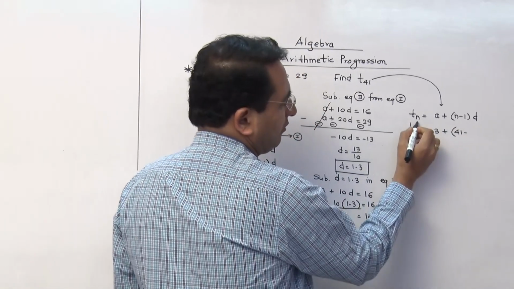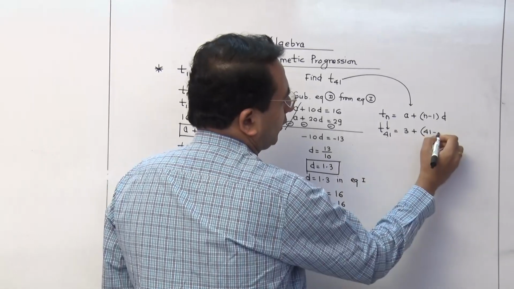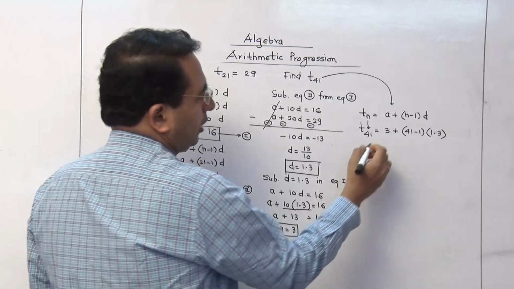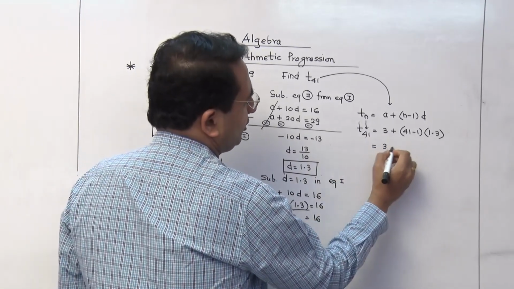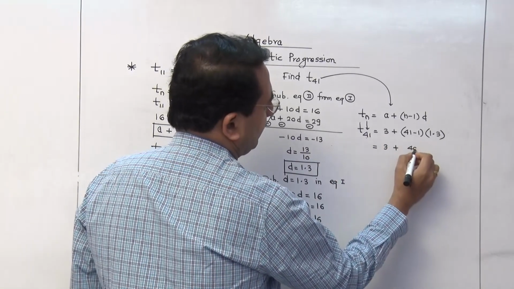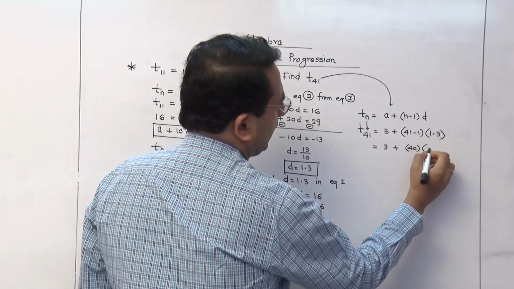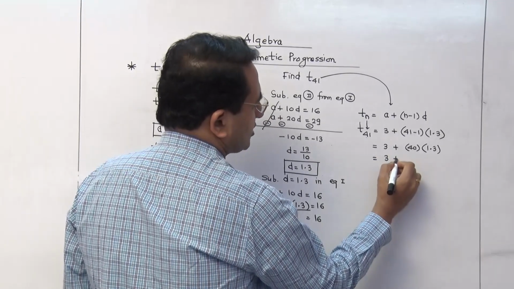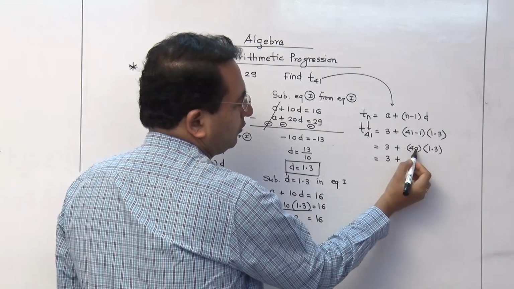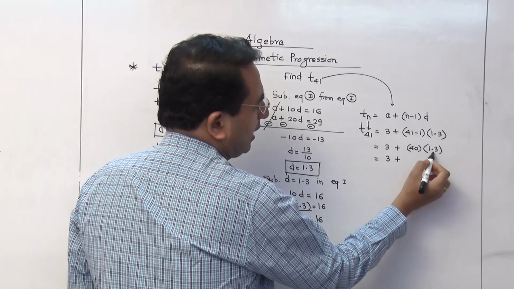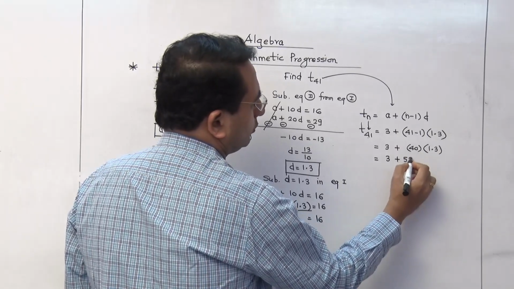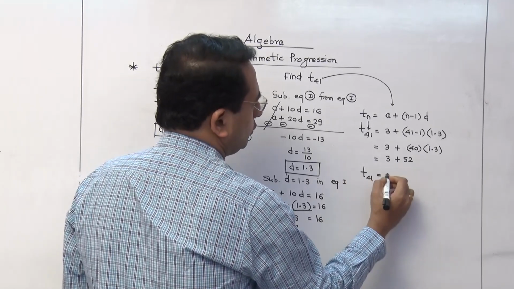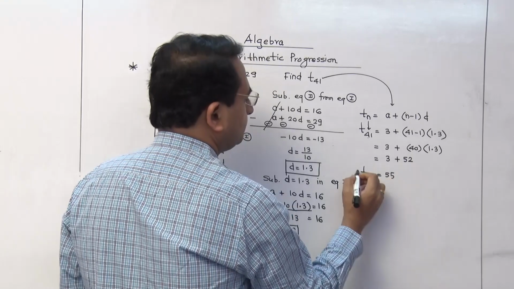The value of N will be 41 here. So 41 minus 1 into D, D is 1.3. Now we can write it like this. This is going to be 3 plus 40 multiplied by 1.3. Now if you see the answer of this, this 0 will make it 13 and 13 fours are 52. So the answer for T41 is equal to 55.